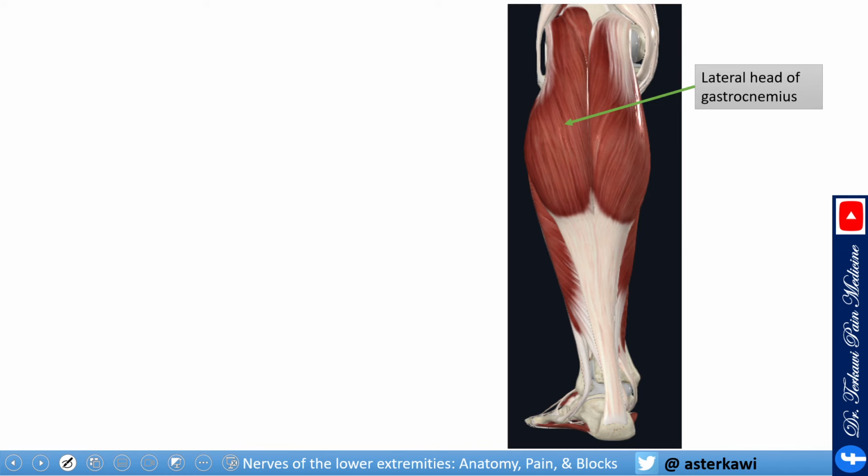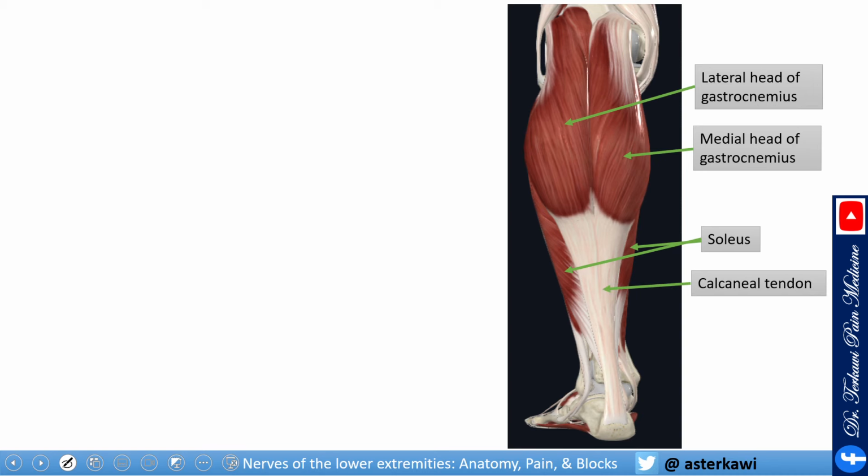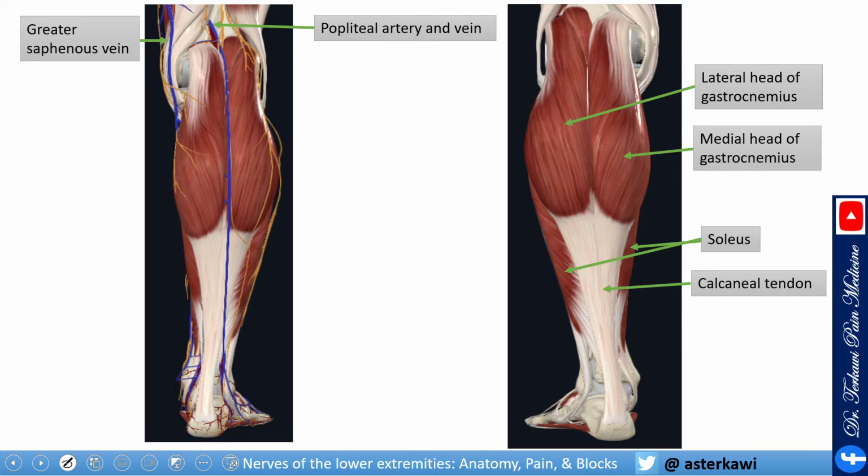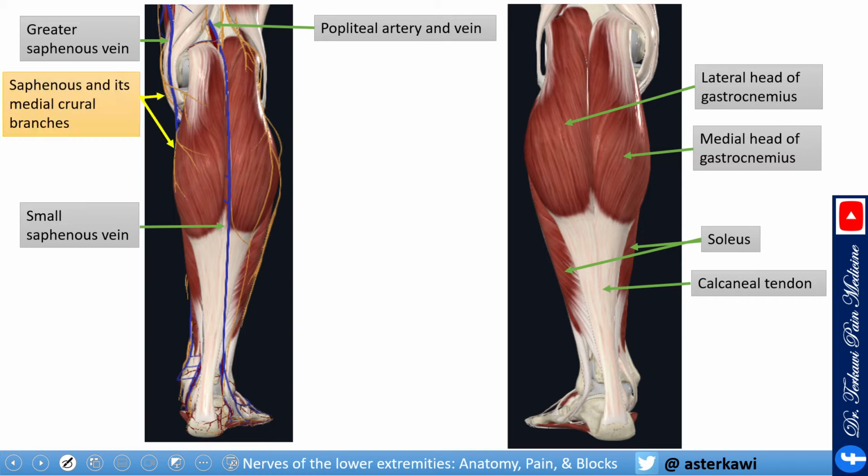Now looking from the back, you have the lateral head of the gastrocnemius, the medial head, and then the soleus muscle, calcaneal tendon, and here the greater saphenous vein, the popliteal artery and vein. This is the small saphenous vein. So the greater saphenous vein, you see the saphenous nerve and its medial crural branches.